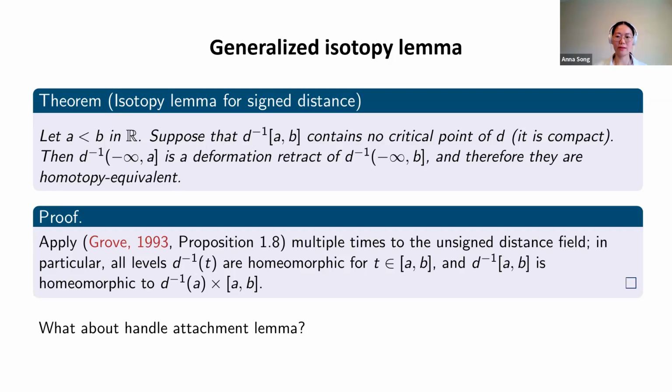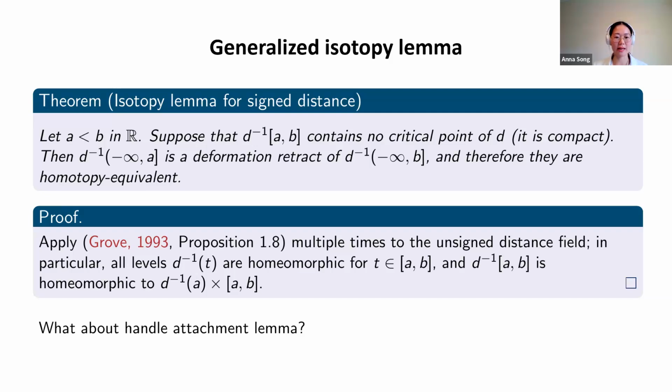So the interlevel set can be shown to be homeomorphic to a sort of cross product, like a band. Then you can retract the bigger sublevel set related to B until going to A. So they are homotopy equivalent. So far you are not using any notion of non-degeneracy or index.